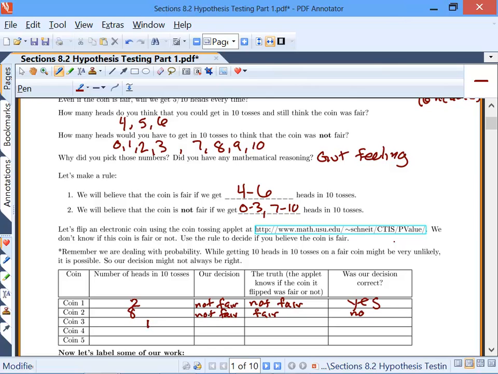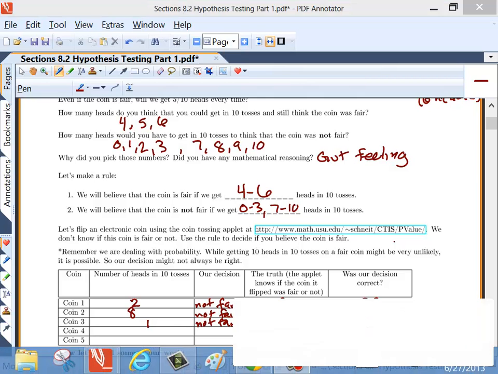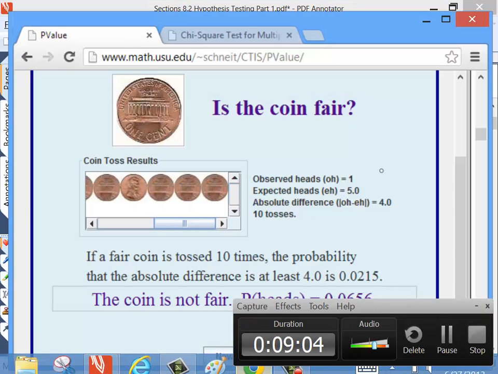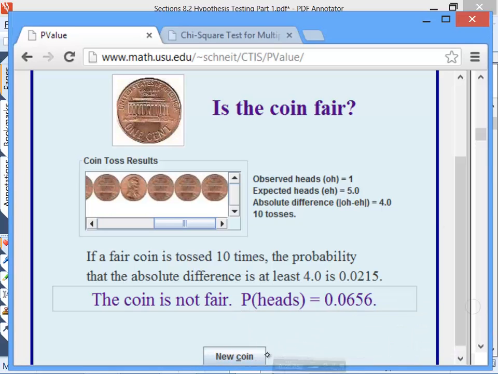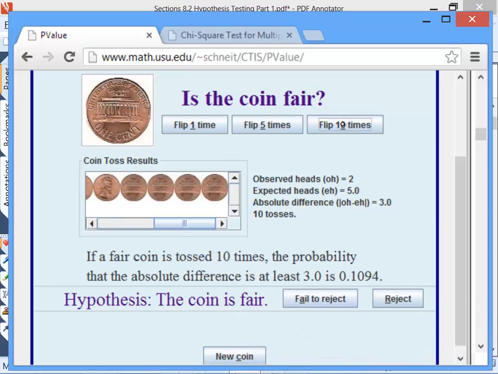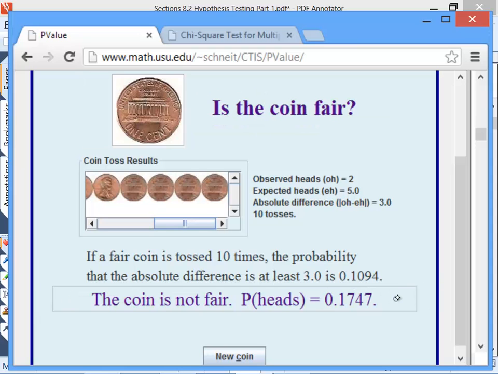So, 1 head, not fair, and the truth was that it was not fair, so our decision is correct. New coin, flip it 10 times. This time we got 2 heads again. Our decision would have to be that it is not fair, so I'll reject the hypothesis that it is fair. And we were correct.